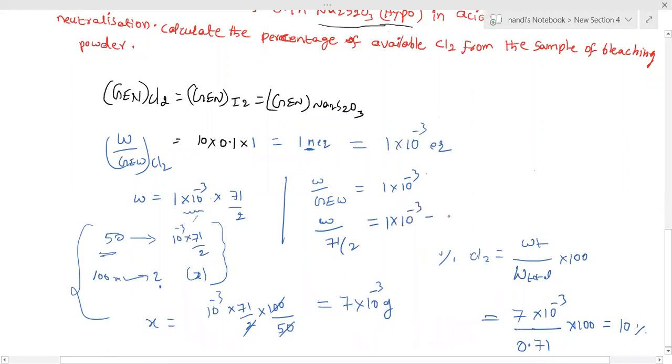This gives W equal to 1 into 10 power minus 3 into 71 by 2. That is the reason I wrote it directly here. Please check it. I am continuing this part. You can assume that if you are not understanding.